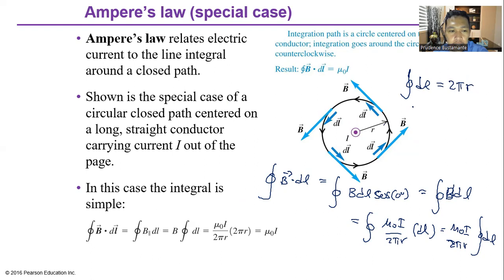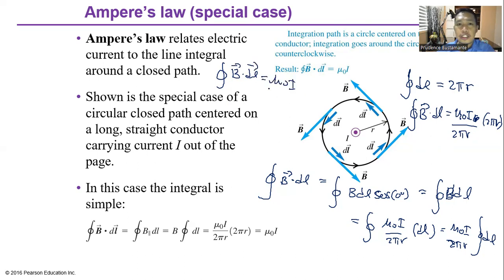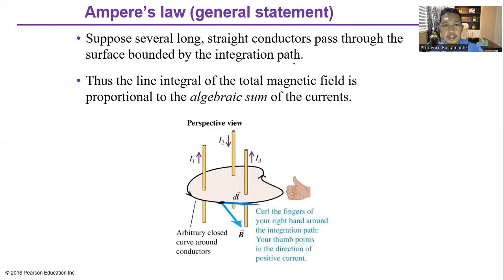Therefore the closed integral of B dot dl is equal to mu naught I over 2 pi r times 2 pi r, so the result is mu naught I. So this is Ampere's law.